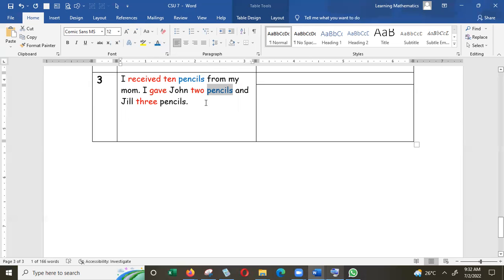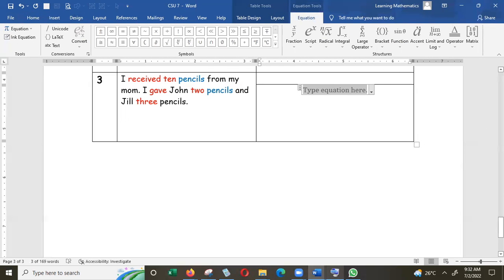Normally, when this is the case, mathematicians use the first letter of that word to facilitate its symbolic translation. Now we can use P for pencils. So let's start to translate.